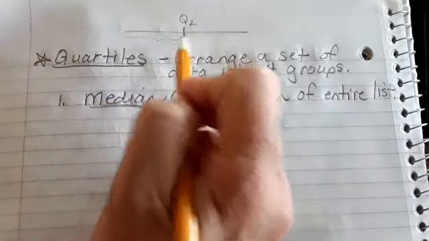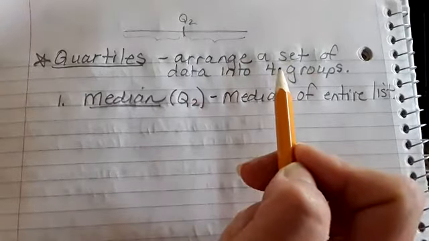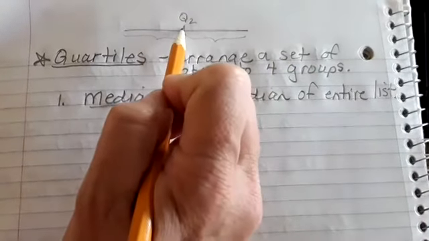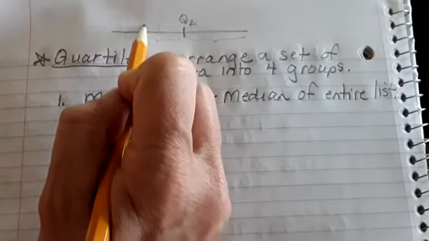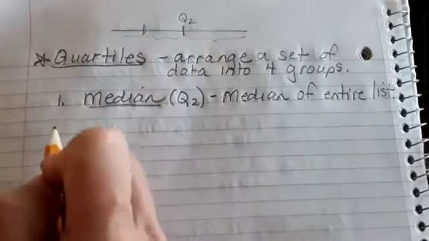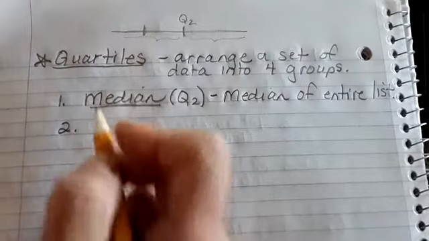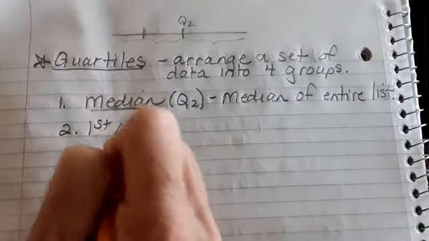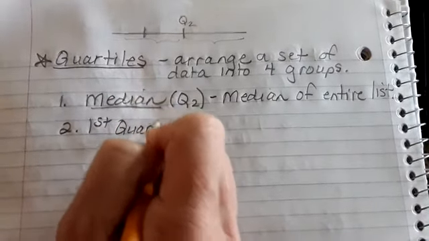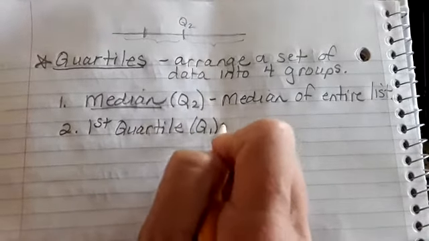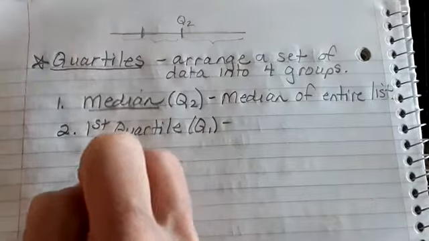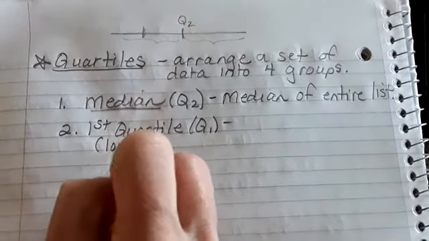Now you have two groups of numbers. Your next split is going to be looking at the numbers to the left of that median, and you need to split that in half. That's called your first quartile. All right, that can also be referred to as your lower quartile.